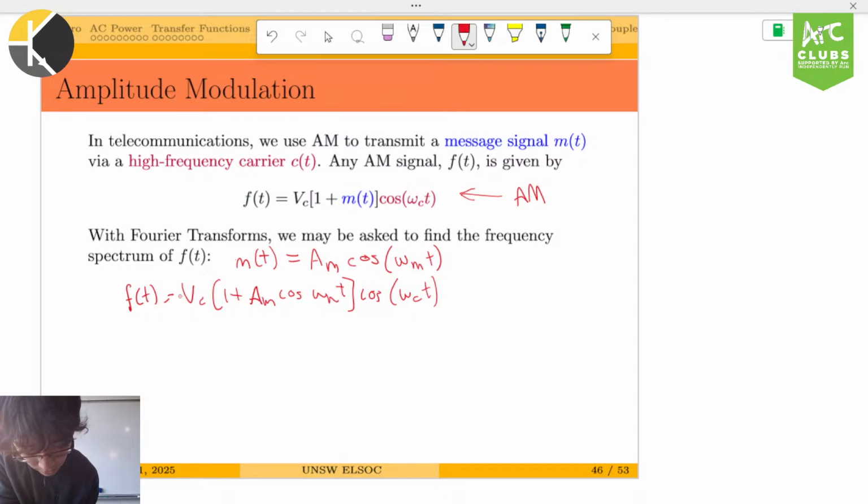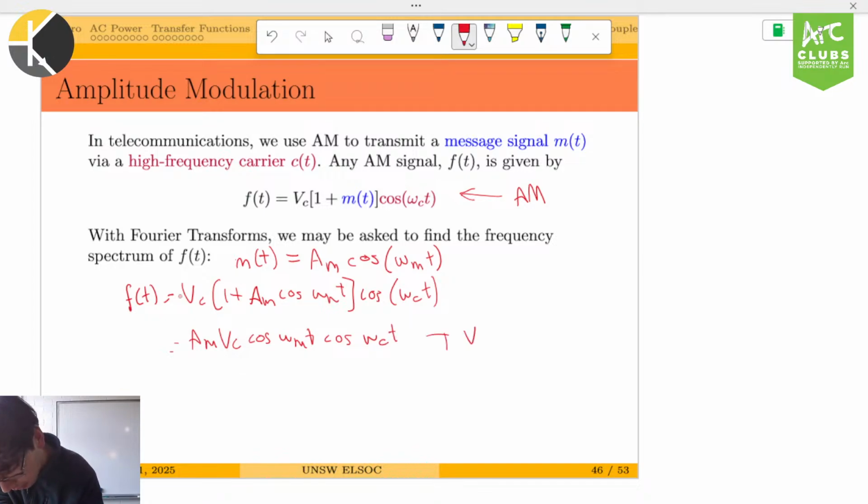Cool. So we see here that we will get Am Vc cos omega m t cos omega c t, added on with Vc cos omega c t. I've just taken that and multiplied it with the variable at the front.